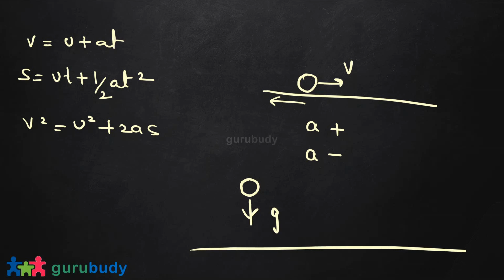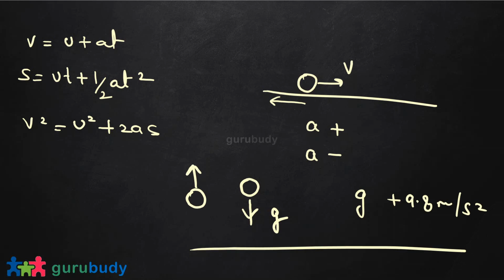If I look at this one, an object here is falling towards the earth, the acceleration of that object would be g. We know that. If the object is moving downwards, and this is just a convention, it might change, you just have to be consistent in your problem. If the motion is downward, the velocity is downward, then I would assume g to be positive 9.8 meter per second square. Let's say I did a problem in which I throw a stone upwards.